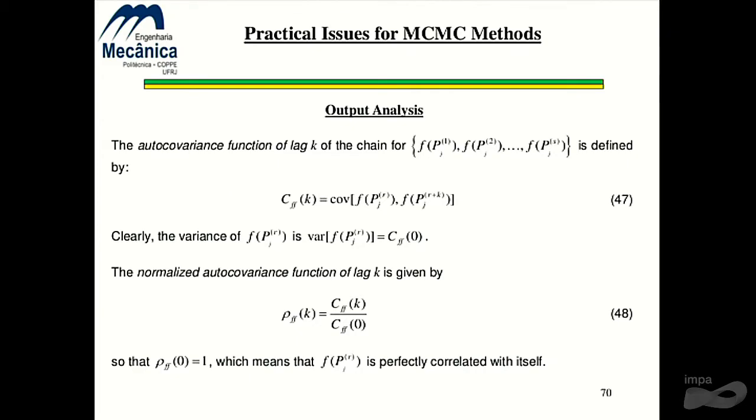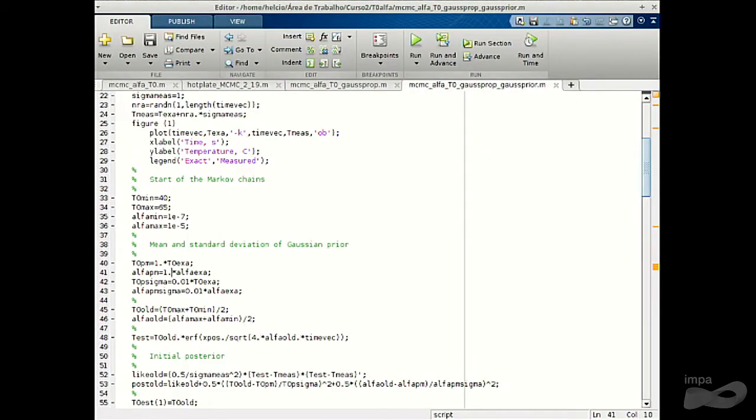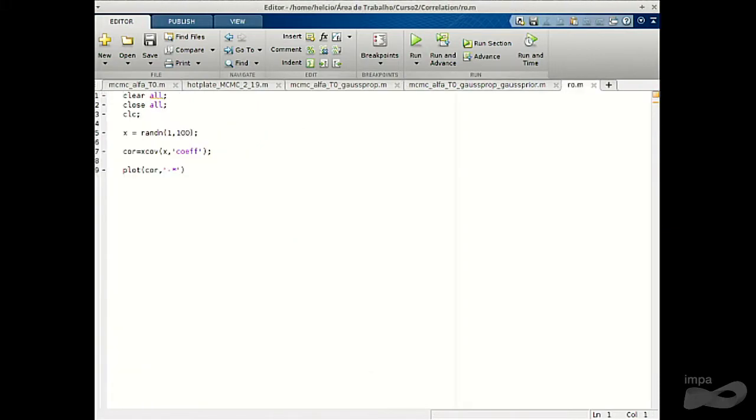Let me try to find it here. Just one second, please. Correlation. Okay, so a very simple example.